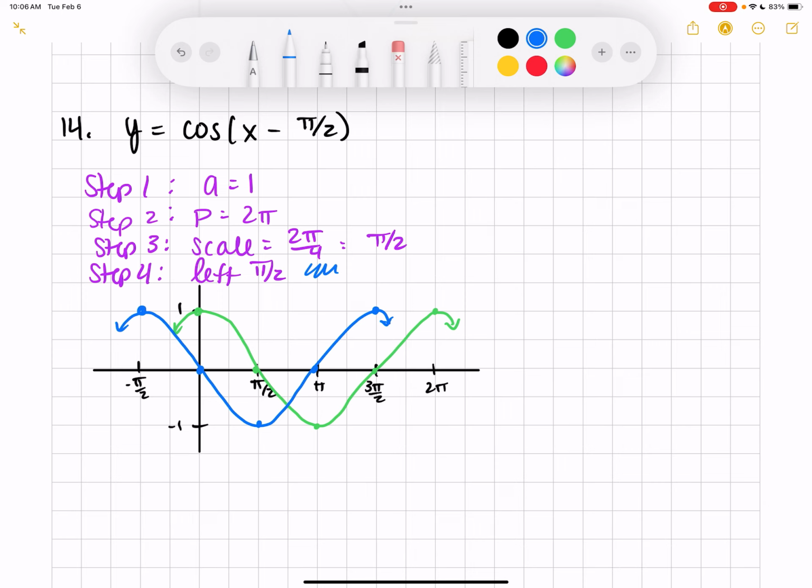So the x scale would have then been what? Pi over 2. And was it shifted at all? Or reflected? Yes. My graph is wrong. Okay, well, I need to shift my graph, but yes, it should have been to the right.